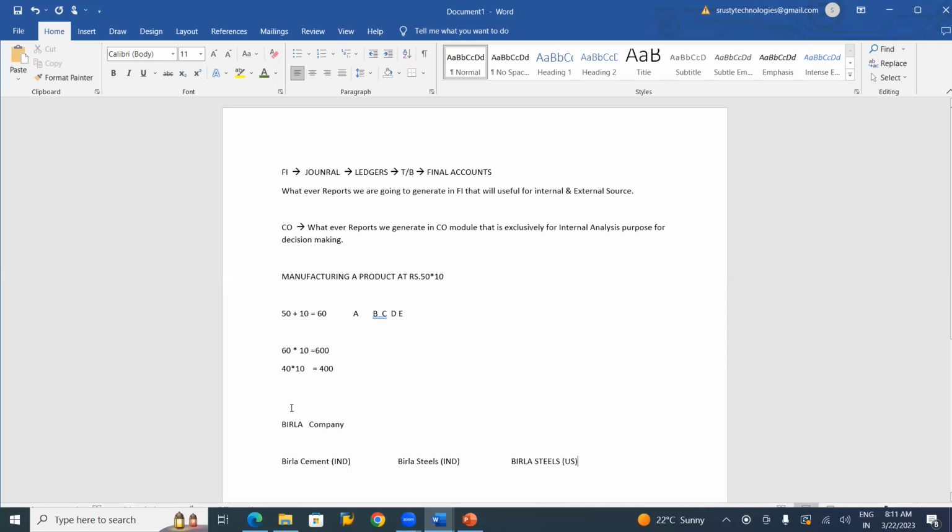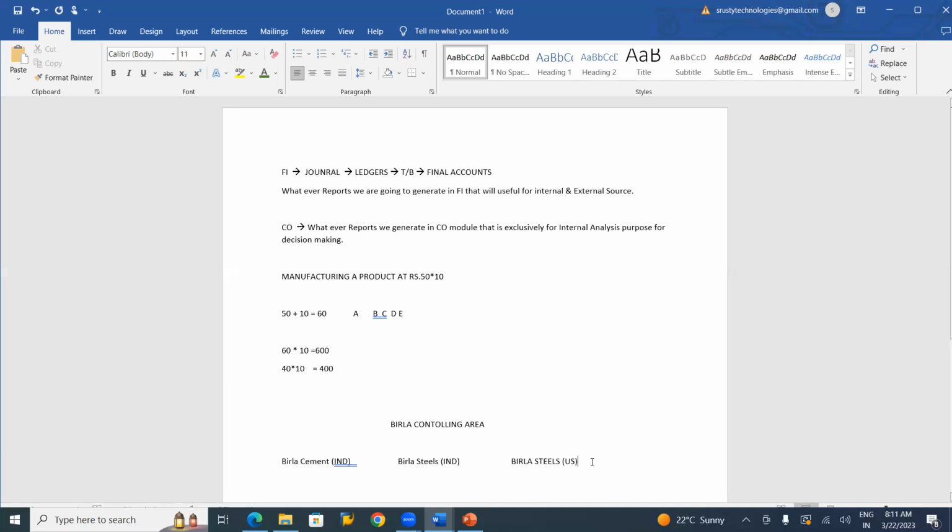So here I want to create one controlling area, for example called Birla controlling area, where the profit center standard hierarchy will be created. I want to utilize the Birla controlling area for all the three company codes.